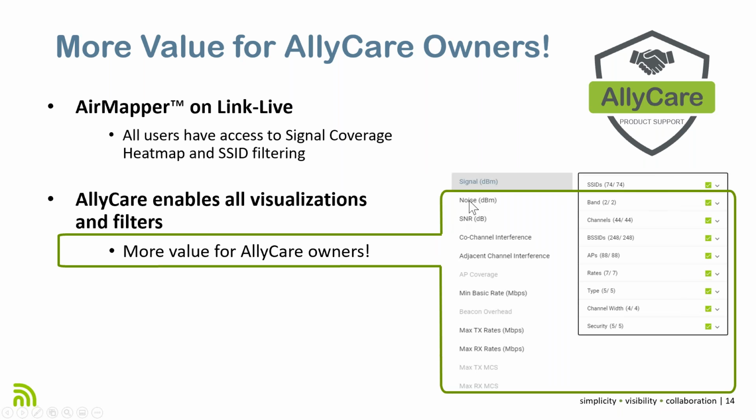But if you want to see everything else, noise, SNR, co-channel interference, adjacent channel interference, or you want all the other advanced filtering options, and so on, or other future heat maps that we'll be adding, then to enable those, an AllyCare support contract on your unit will do that.